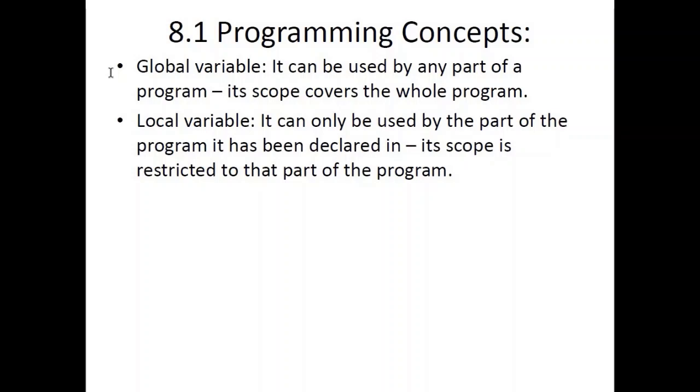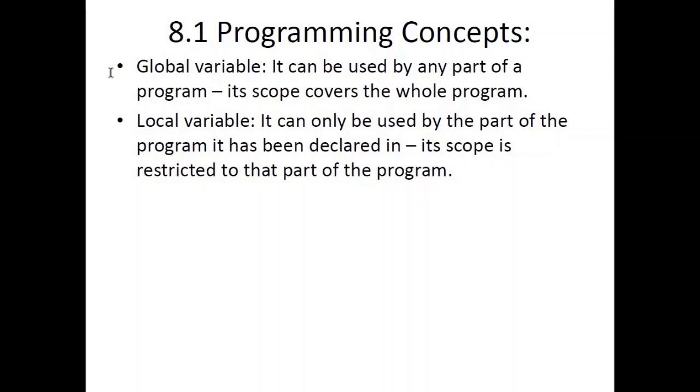A global variable can be used by any part of a program. Its scope covers the whole program. Even if you have written a program of, let's say, 5,000 lines, and you have declared a global variable in the 5th line, then you can use it even in the 4,950th line, no problem at all.